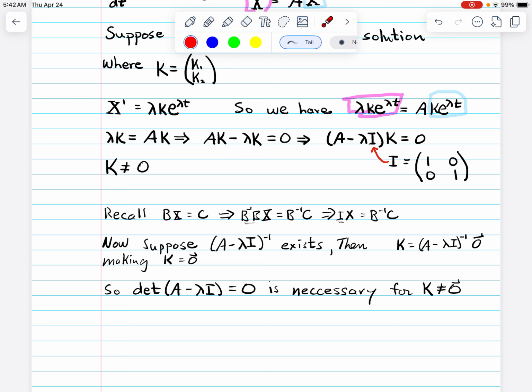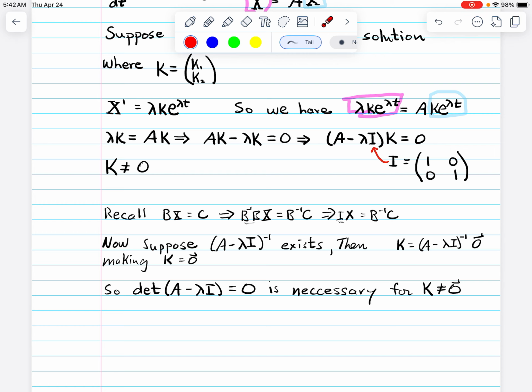That would mean that K is equal to the zero vector, but we already said we don't want that to happen. So what we have to do is ensure that this A minus lambda I inverse does not exist. And the way we ensure that is by finding values that will make this determinant 0.